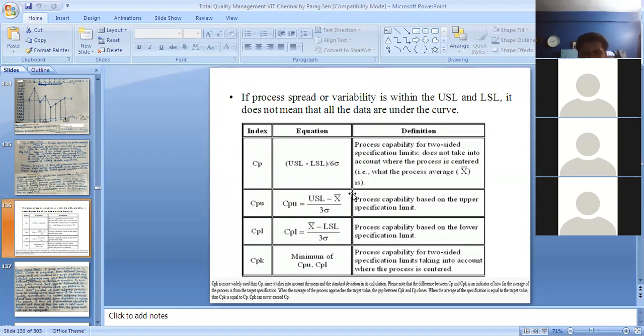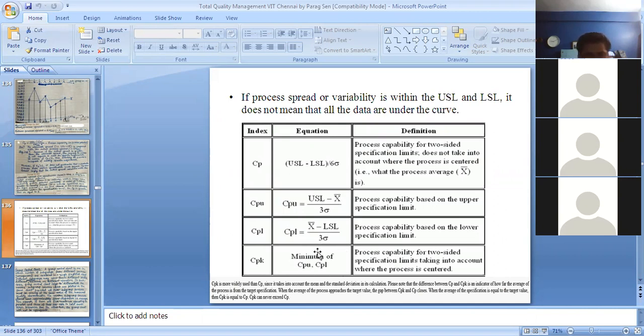From the formula, you can easily understand that this is USL minus X bar, where X bar means the average or the mean value. These are used to identify which one is minimum. So this represents where the process is centered.